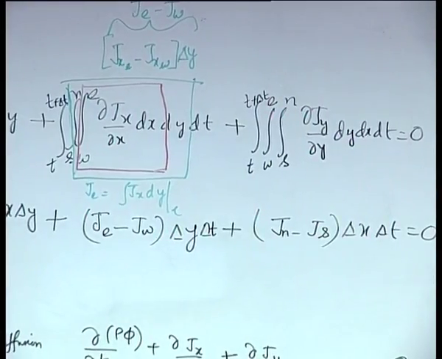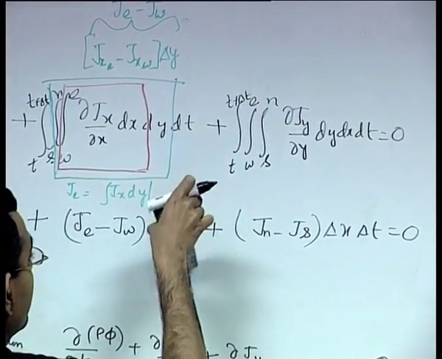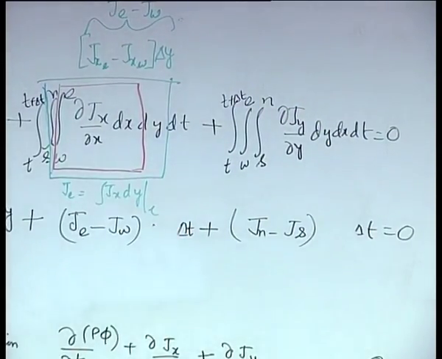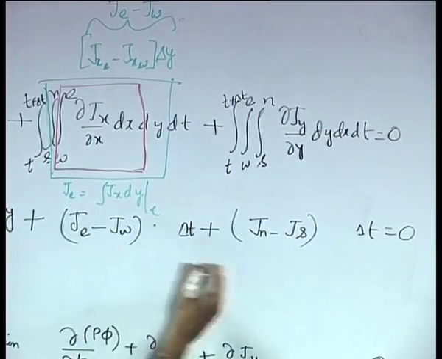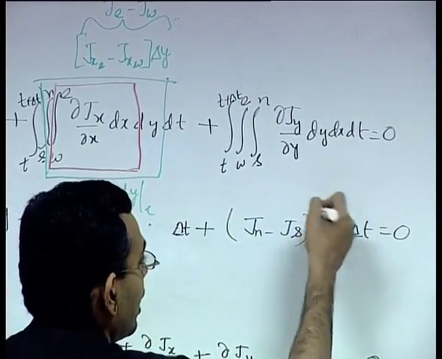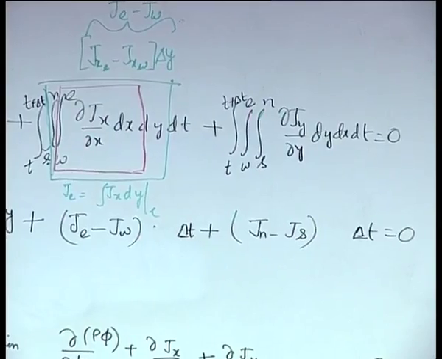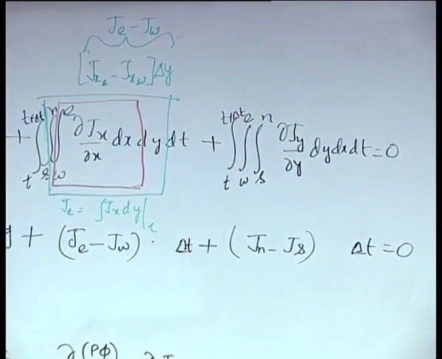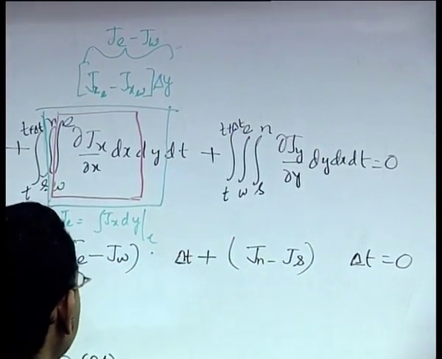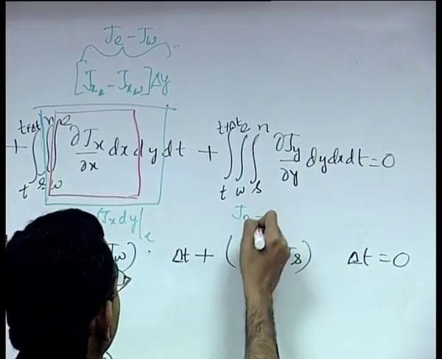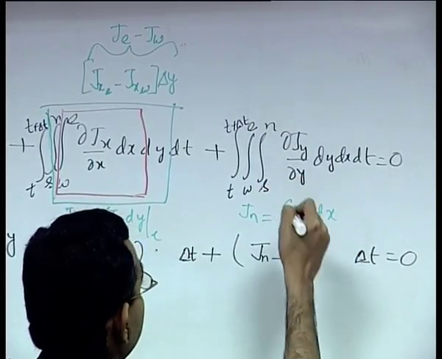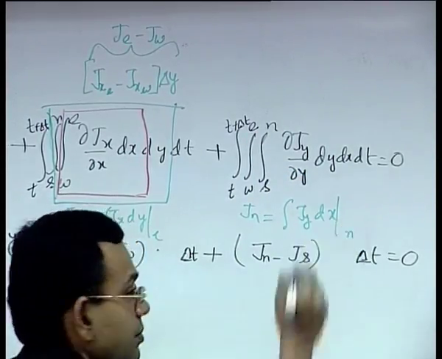Oh, delta y and delta x are already considered. Okay, very good. Delta x delta y are already considered in the definitions of J, therefore, you do not have a repeated consideration of delta x and delta y. So, likewise like Je, Jn is defined as the integral of Jy dx at the face n.